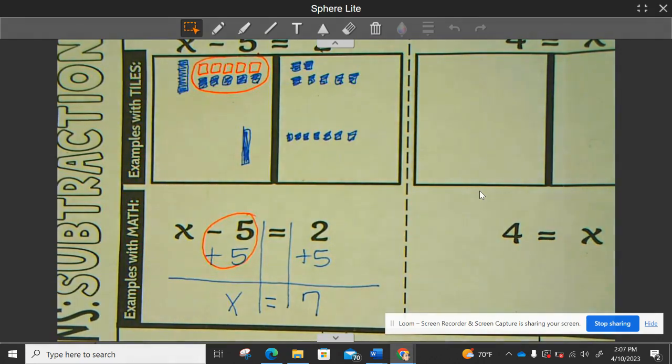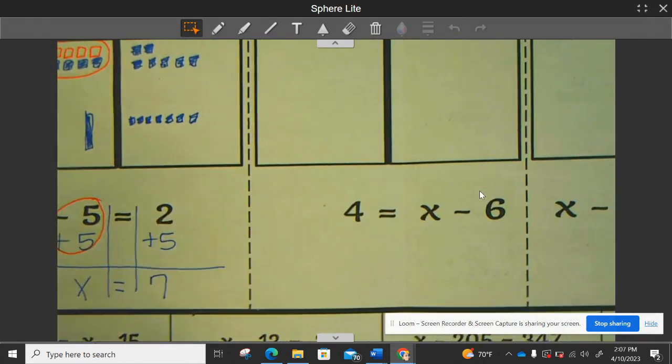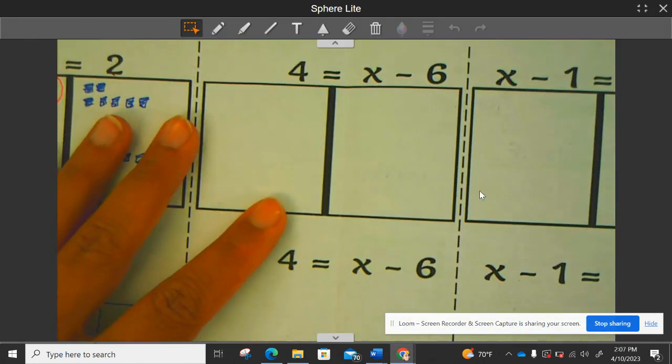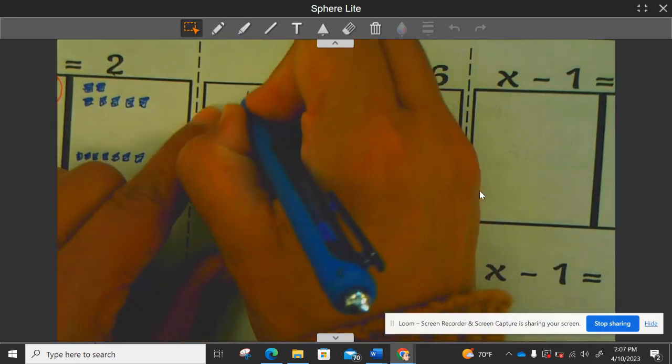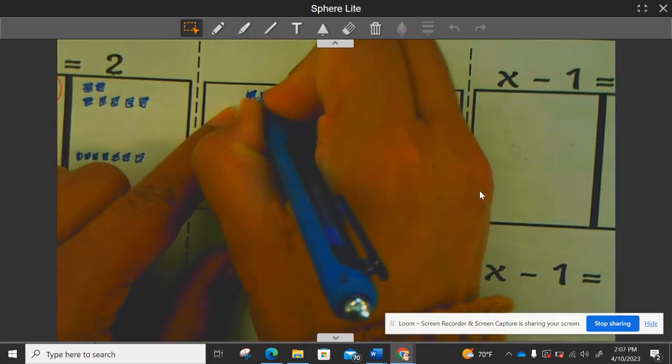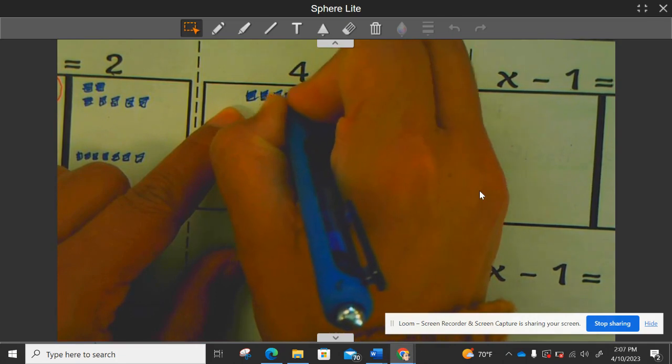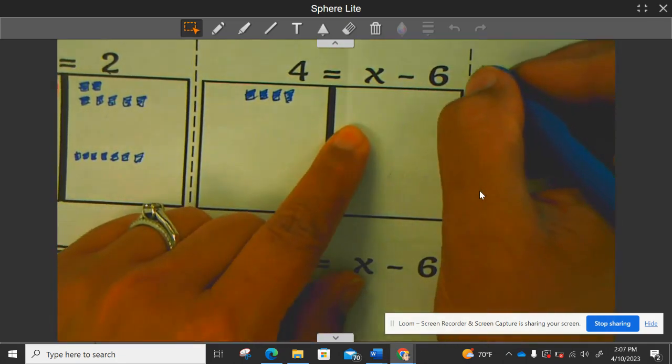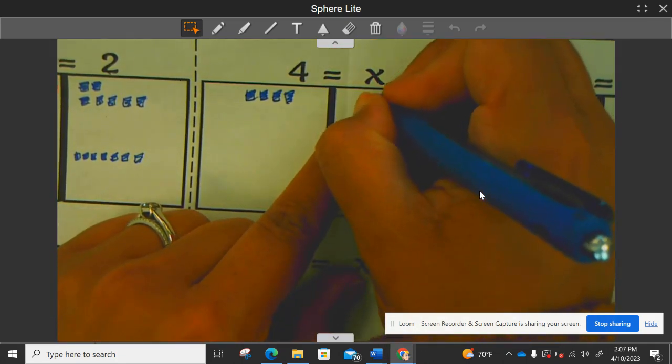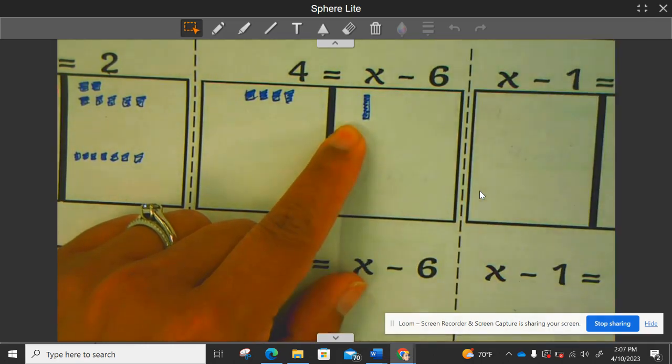Okay, let's take a look at the next one. All right, so I have 4 positives, and that is equal to x minus 6.